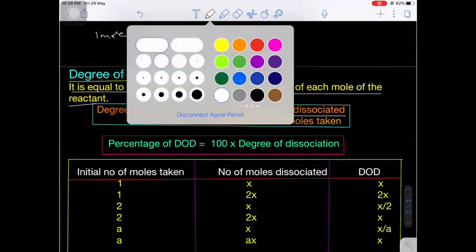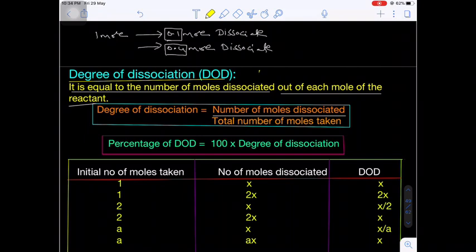Now the degree of dissociation is generally represented by the symbol alpha, but it is not always so. It may be represented by some other letter, X or Y, Z, P, Q, whatever the letter. But generally, the degree of dissociation is represented by the Greek letter alpha. Now how to find the degree of dissociation? DOD is equal to the number of moles dissociated divided by the number of moles initially taken.